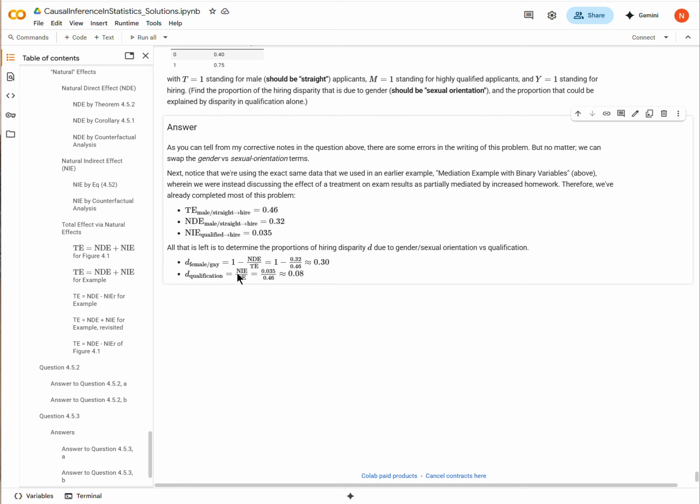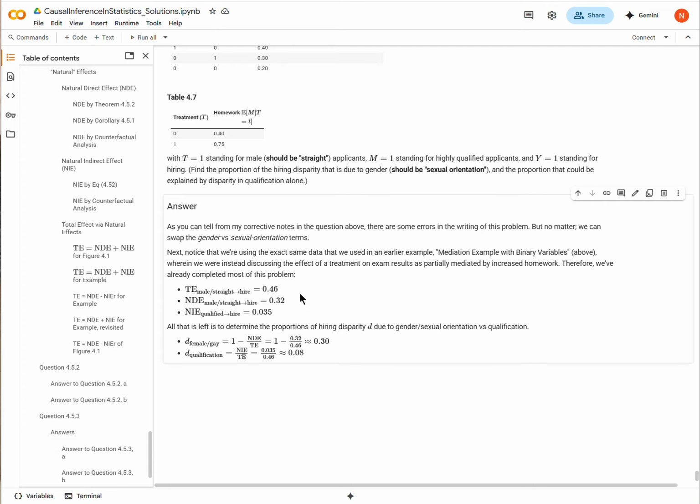The extent to which the natural indirect effect is affecting the total effect, whether or not they're hired, is NIE divided by TE, natural indirect effect divided by total effect. That is the extent to which the disparity between males and females or gay and straight applicants is simply due to a difference in their qualifications, according to the numbers provided here.